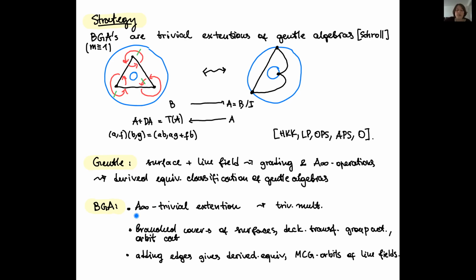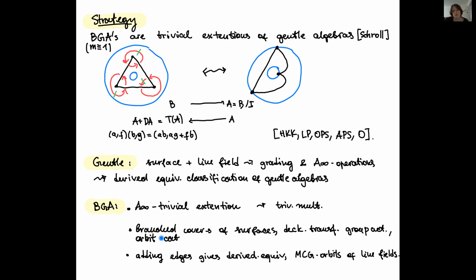And then to produce Brauer graph algebras with higher multiplicities, we can consider branched covers of the surfaces, and we can lift the graphs to the branched covers. We can lift the line fields, and then we can consider the action of the deck transformation group and the orbit category.